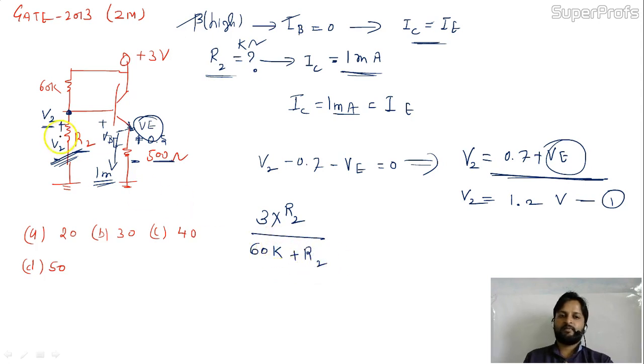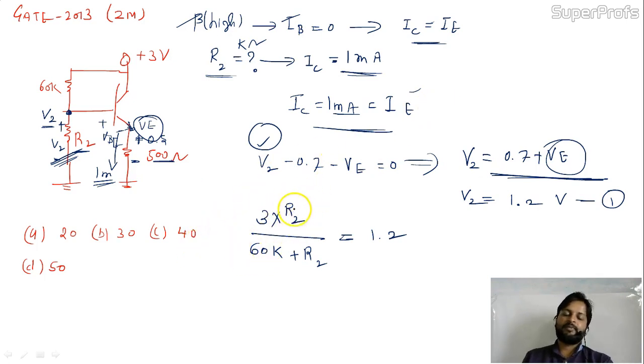This is nothing but the voltage across here, and we calculated it already, 1.2 volt. In this equation, is it okay to you? First you calculated V2 based on the assumption that your current in the circuit is 1 milliampere, that is IC 1 milliampere. IC is equivalent to IE, so 1 milliampere you have to consider, V2 equal to 1.2. Is it okay? Now what next?